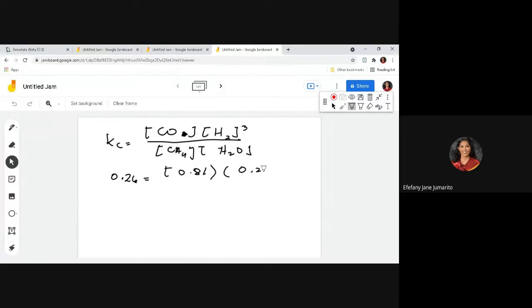So let's write 0.28 over CH4, 0.13. Now H2O is what we are looking for.